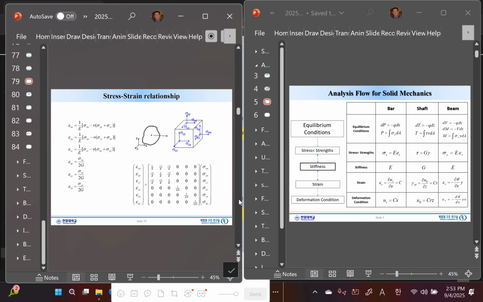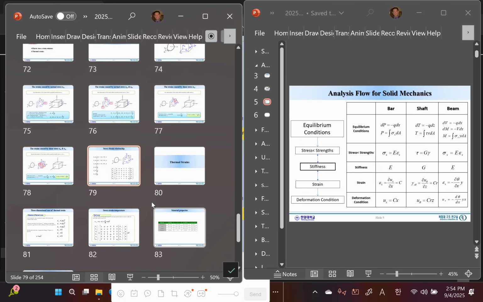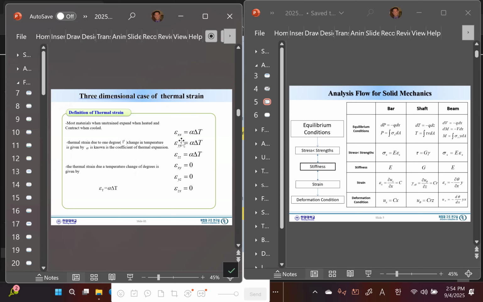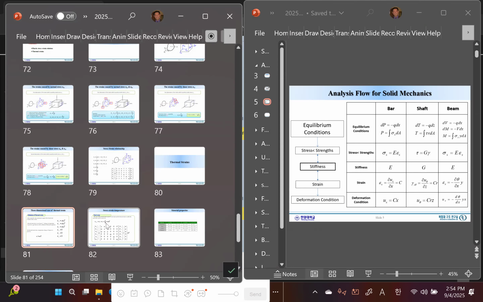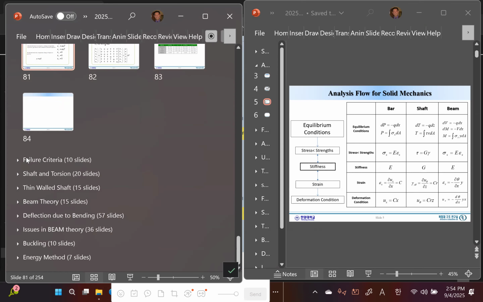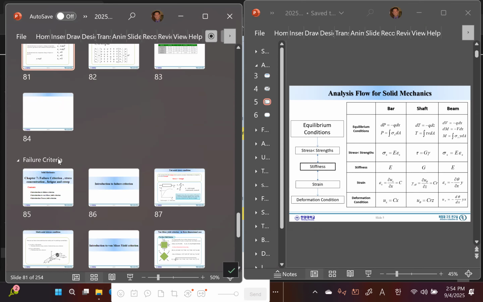Very same concept, but rather than just one, as you can see, a lot of components. Okay, and then not only the forces, but there can be some temperature effect. Due to the temperature, the material deforms, right? So we will cover this temperature effect.